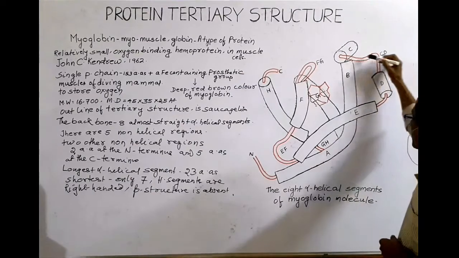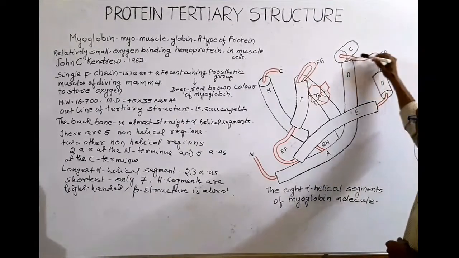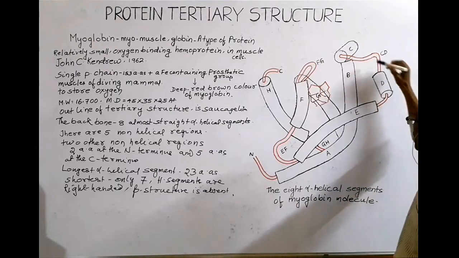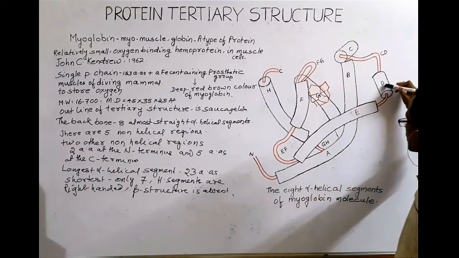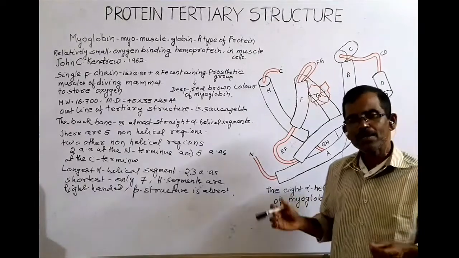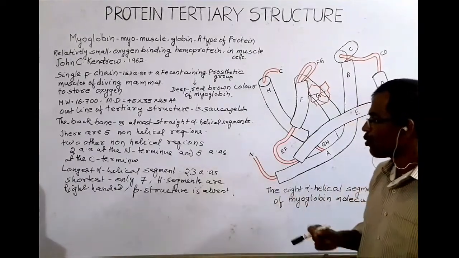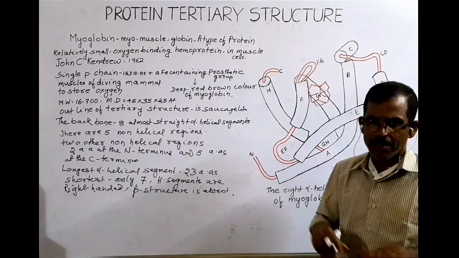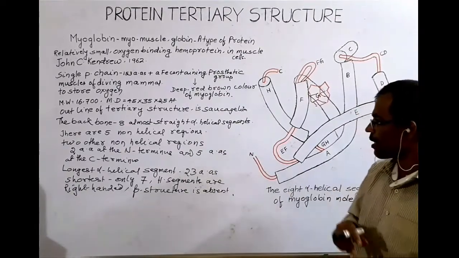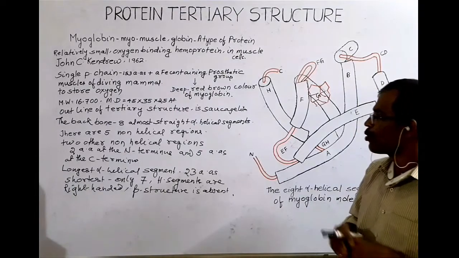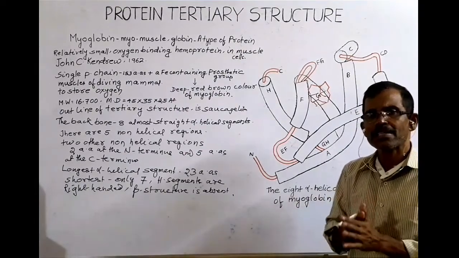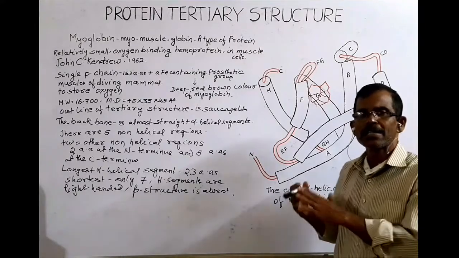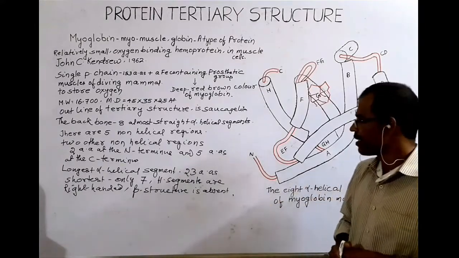An example is CD, a non-helical region present between the alpha helical segment C and the segment D. In addition to this, there are two additional non-helical regions, which include two amino acids present at the N-terminus and 5 amino acids present at the C-terminus.